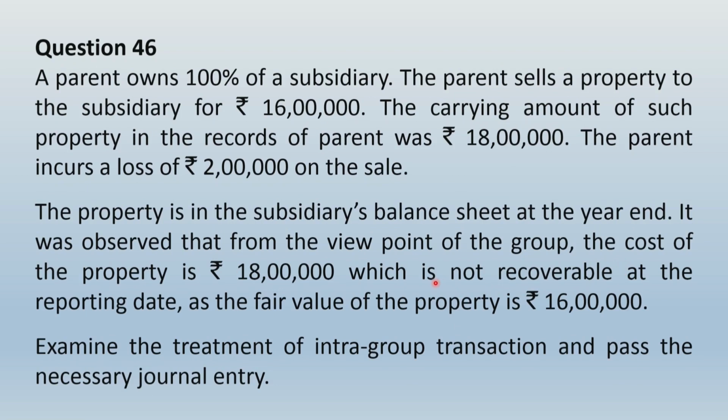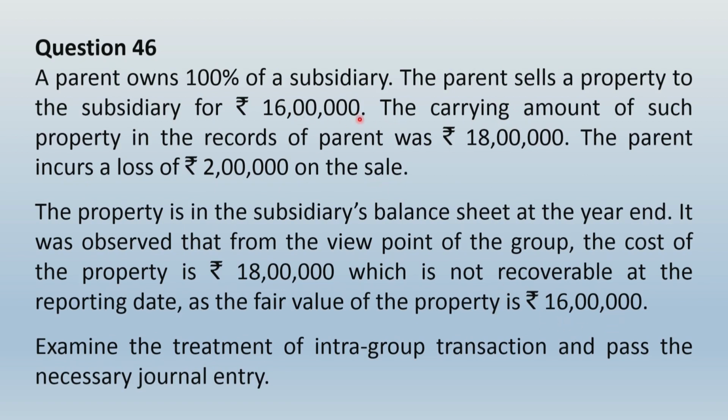So can we observe one thing? When the parent has sold a property with a carrying amount of 18 lakhs for just rupees 16 lakhs, it has incurred a loss of rupees 2 lakhs on sale. However, when you look into the fair value of the property, it is just rupees 16 lakhs.